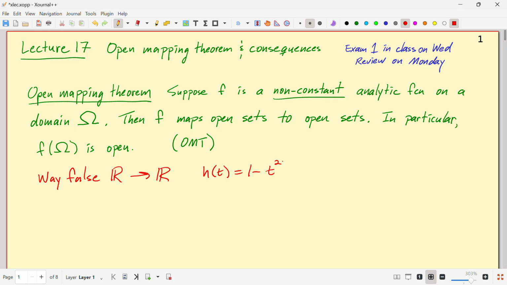And you'll notice that h of the open interval from minus 1 to 1 is equal to, let's see, 0 to 1, but that's a parabola upside down, and it assumes a maximum.